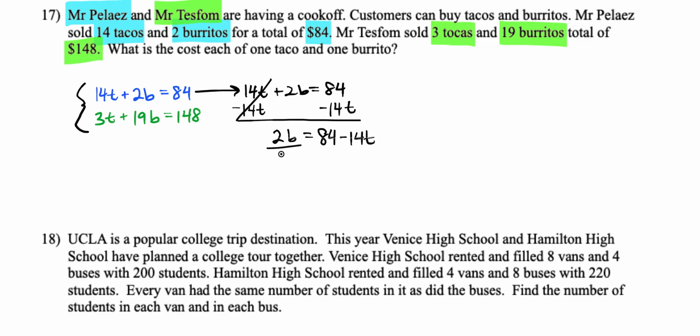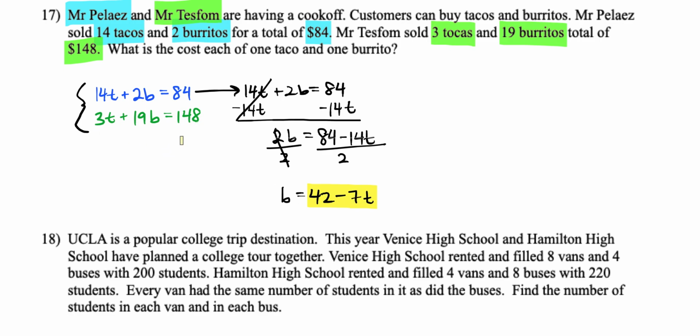Then I have to get rid of this 2, so I'm going to divide, because it's being multiplied. That leaves me with b is equal to 84 divided by 2, which is 42, minus 14 divided by 2, which is 7. I cannot forget about my t. So now I have b is equal to 42 minus 7t.